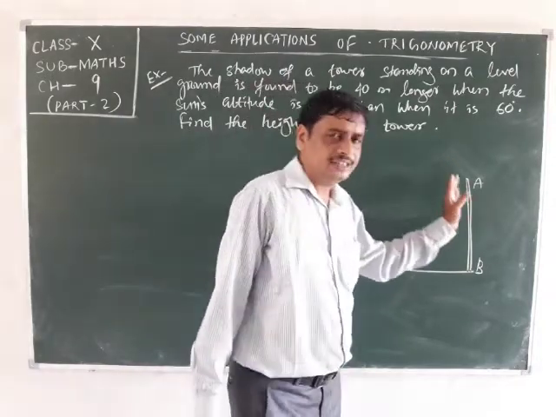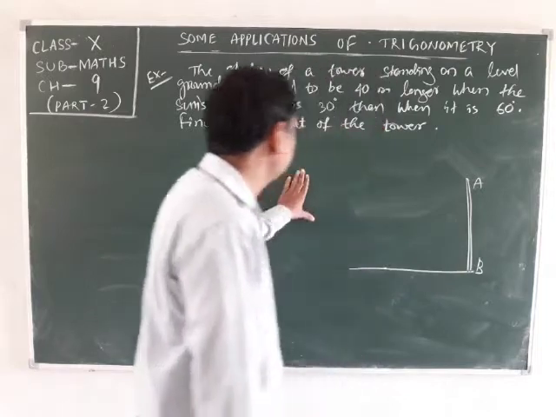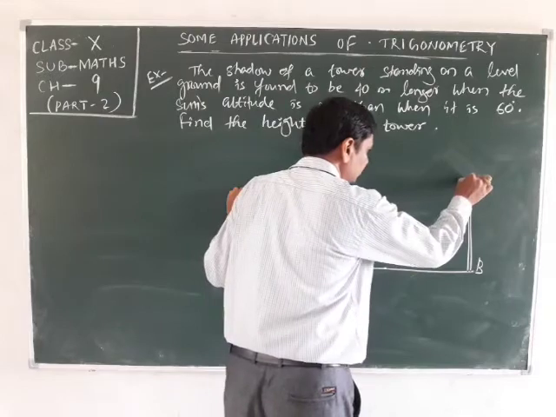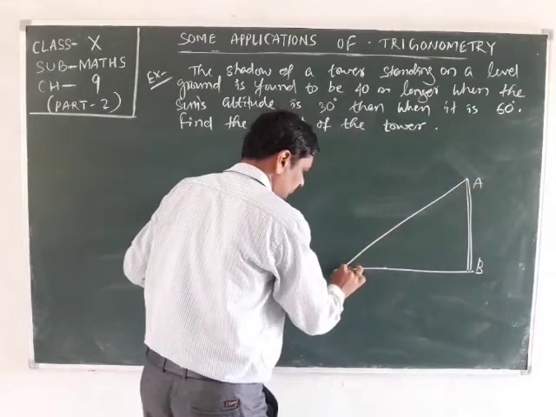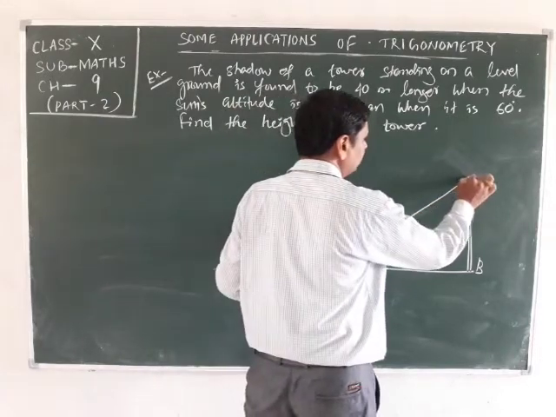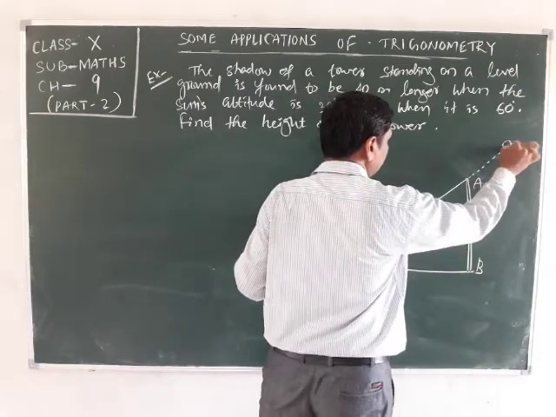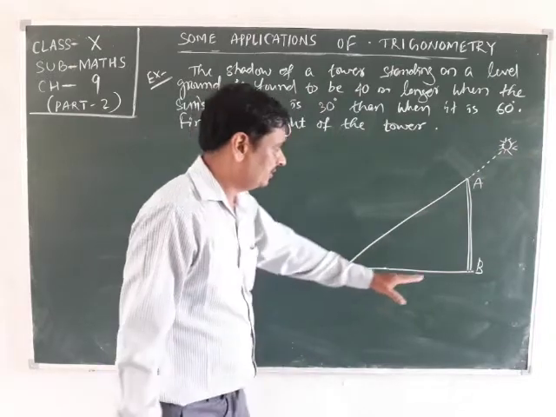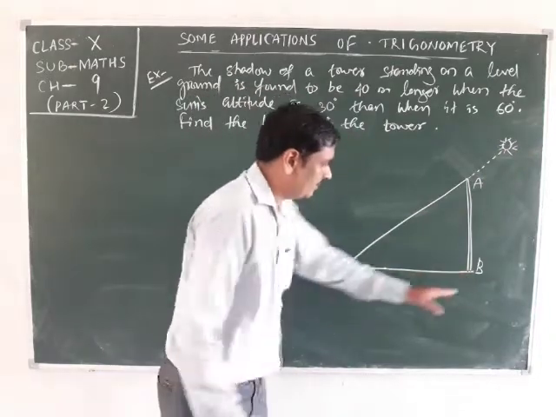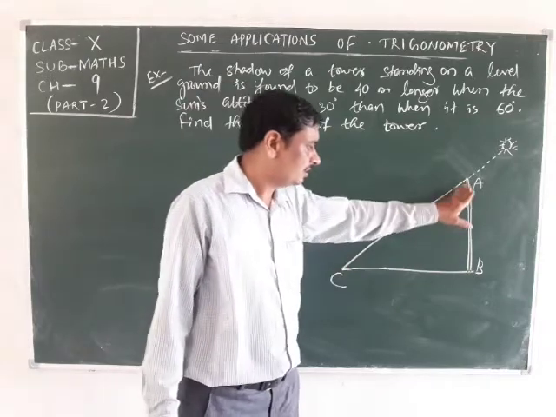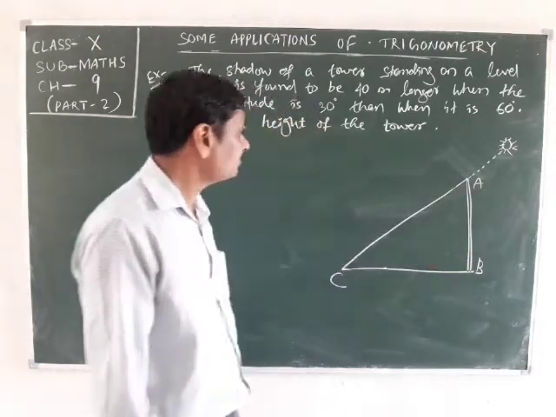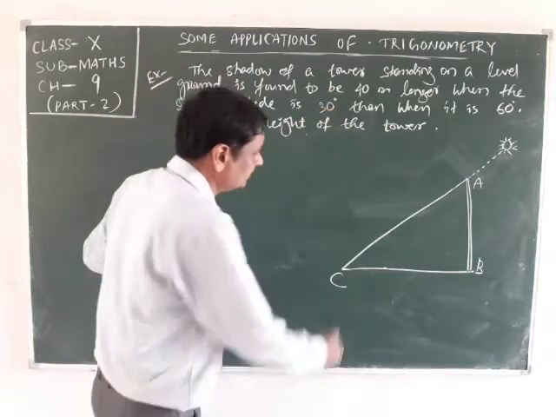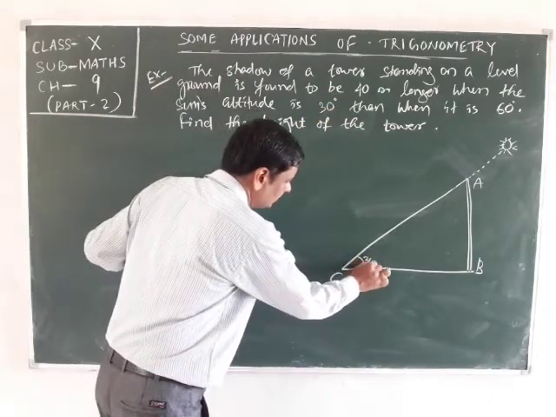When the sun's altitude is 30 degrees, it is the sun here. The shadow forms, that is BC. BC is the shadow for the tower AB. When the sun's altitude is 30 degrees, this angle is considered as 30 degrees.